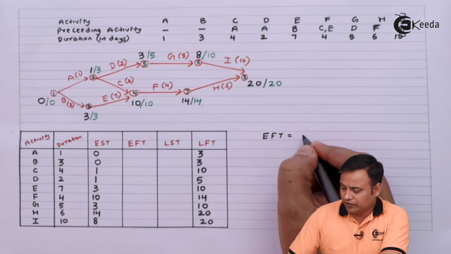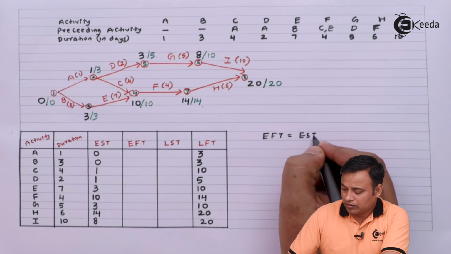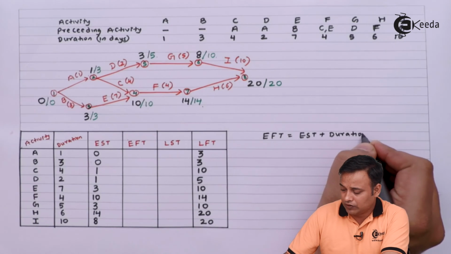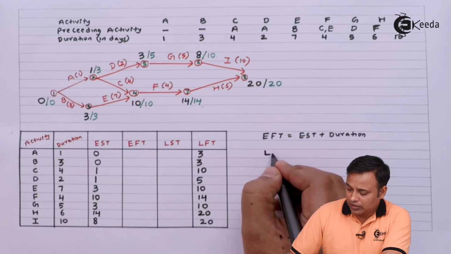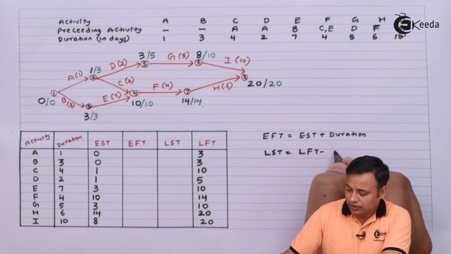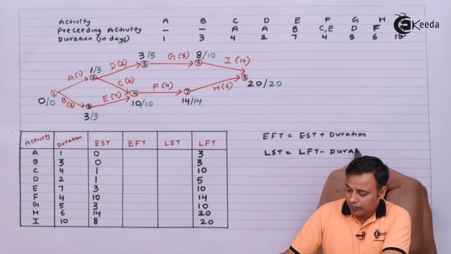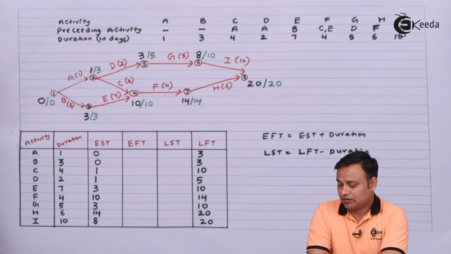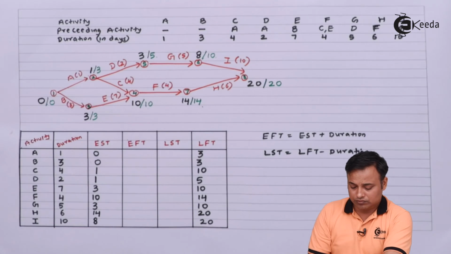For getting the earliest finishing time, our formula will be earliest starting time plus D, that is the duration. And for getting the latest starting time, the formula will be latest finishing time minus duration. So in this case, I'll work out the calculations now.